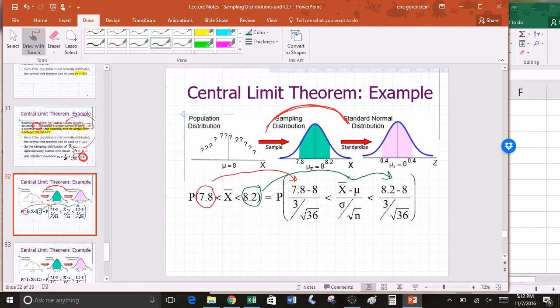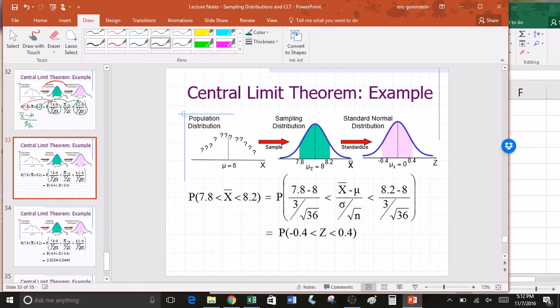Remember, the formula we're using is x bar minus the mean divided by standard deviation over square root of n. So we have a z-score for the 7.8, that's here. We have a z-score for the 8.2, that's here. So we get a z-score between negative 0.4 and positive 0.4.